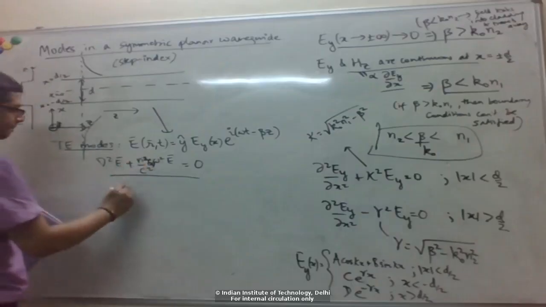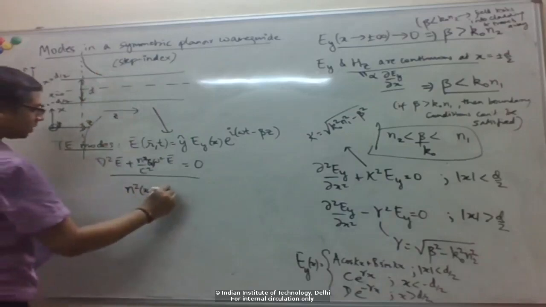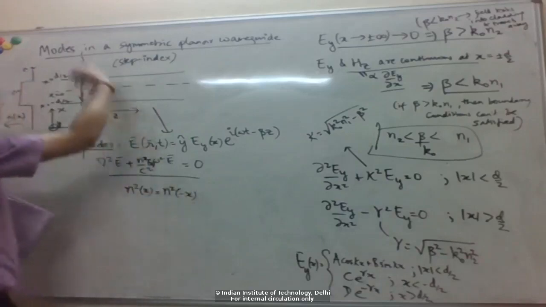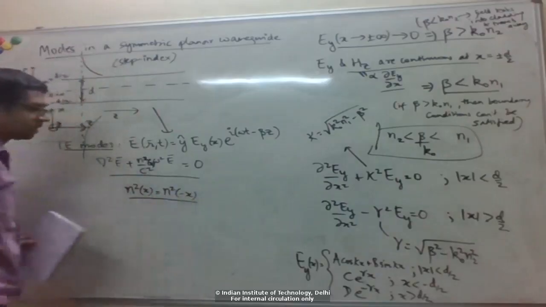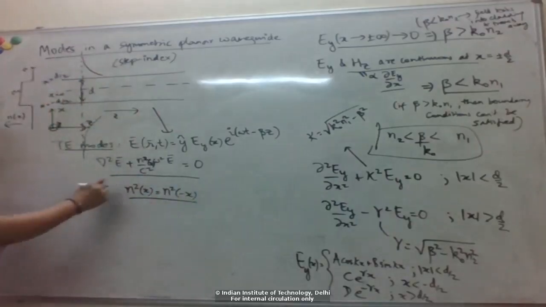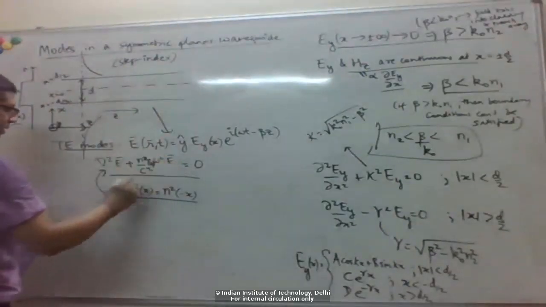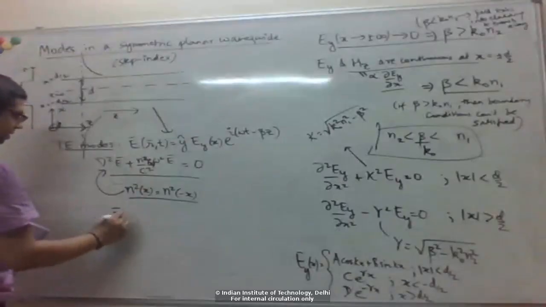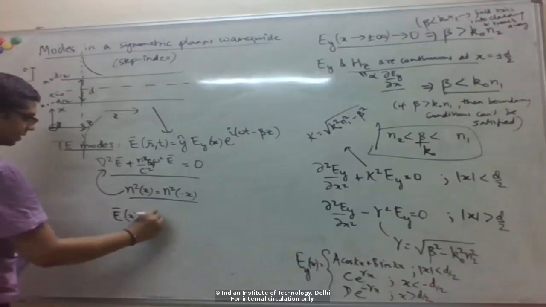So if you have some symmetry like this, for example here, we know that x and minus x have the same refractive index, both for the core and cladding. So as a whole, the refractive index satisfies this symmetry. Then in this equation, the solution Ex will satisfy this symmetry, that it has to be either odd or even.